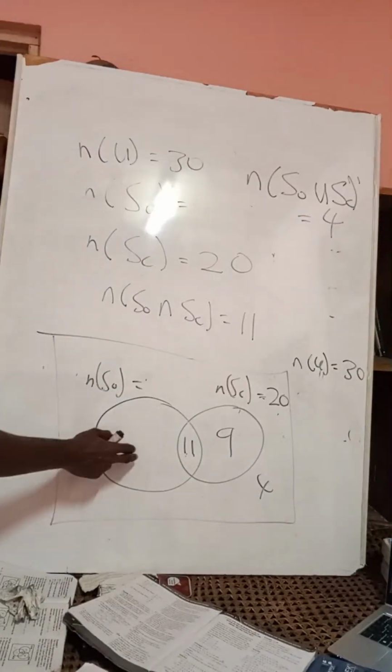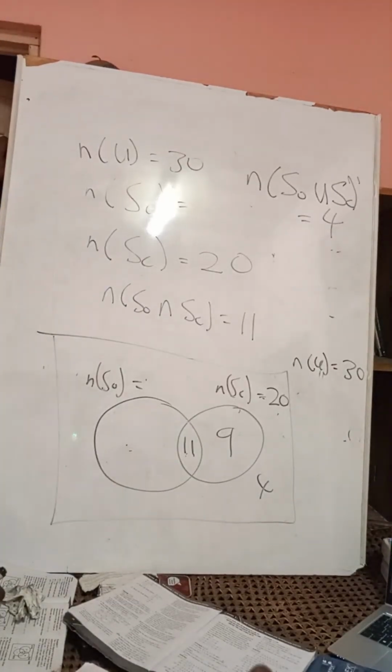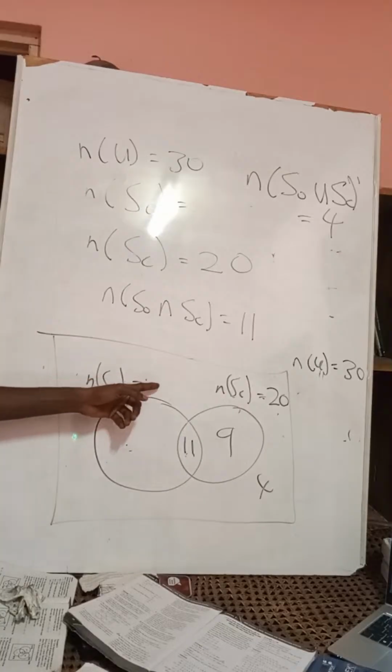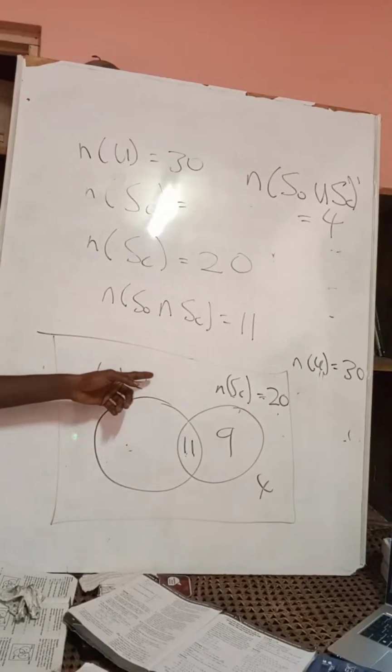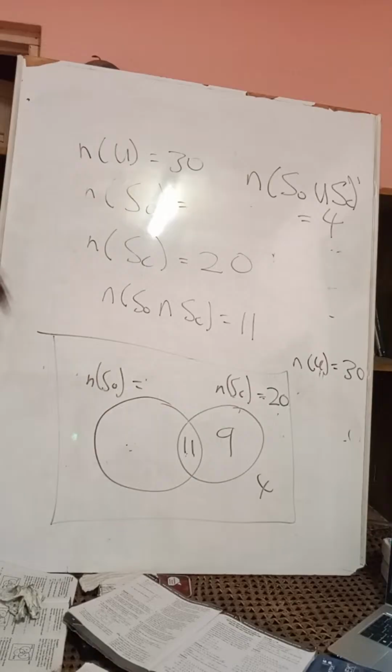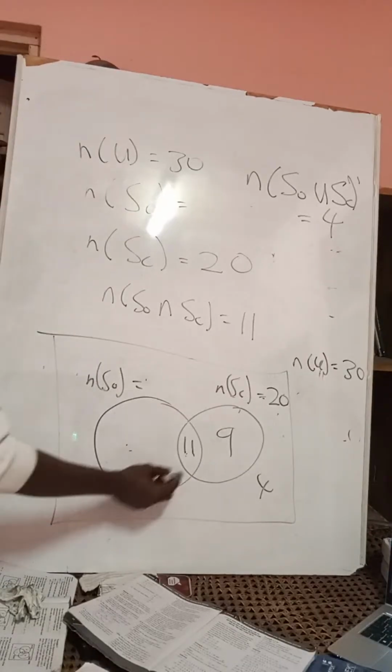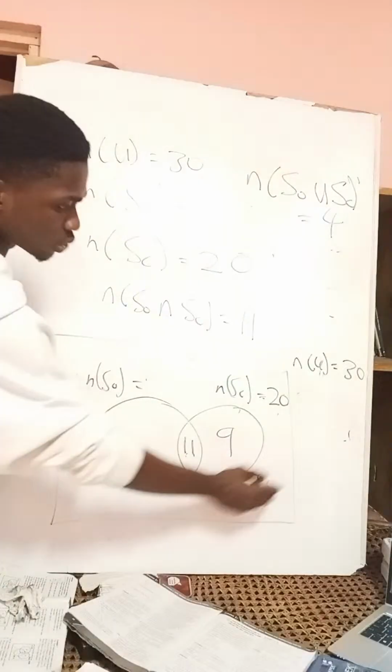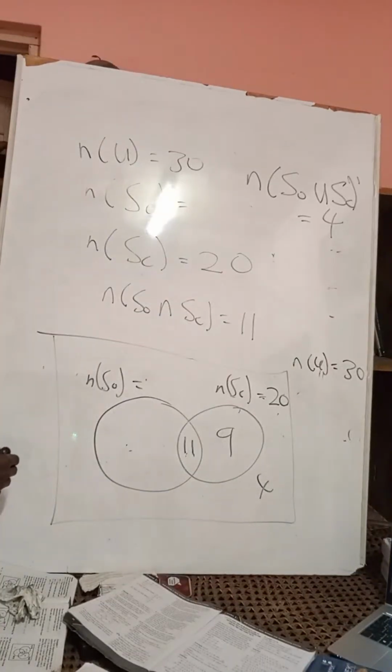We can use a variable to represent the unknown region. When you use a variable to represent here, the circle plus this one equals 30.